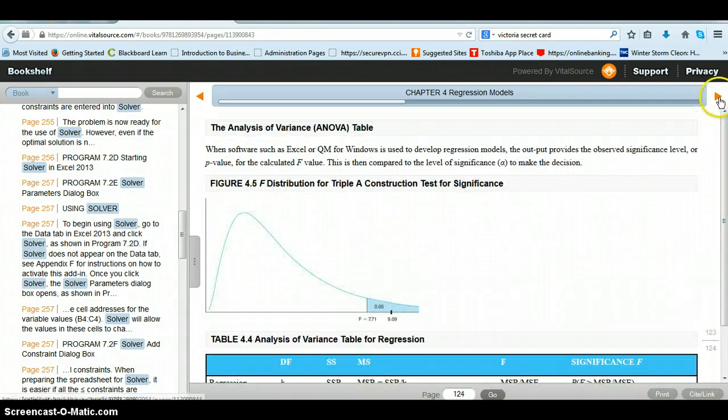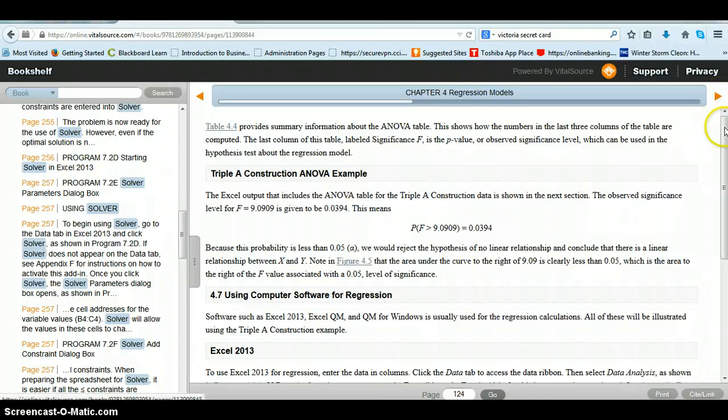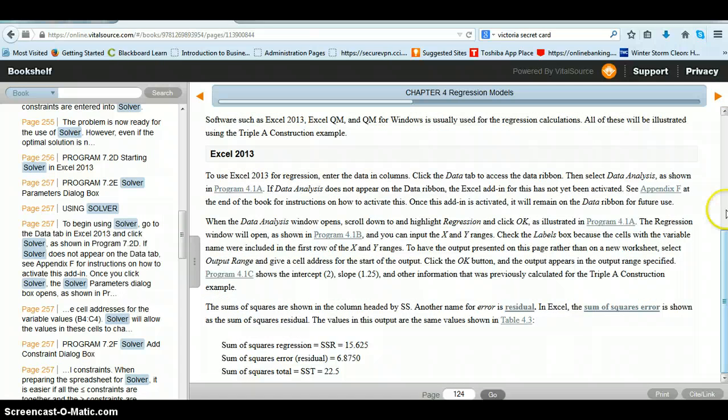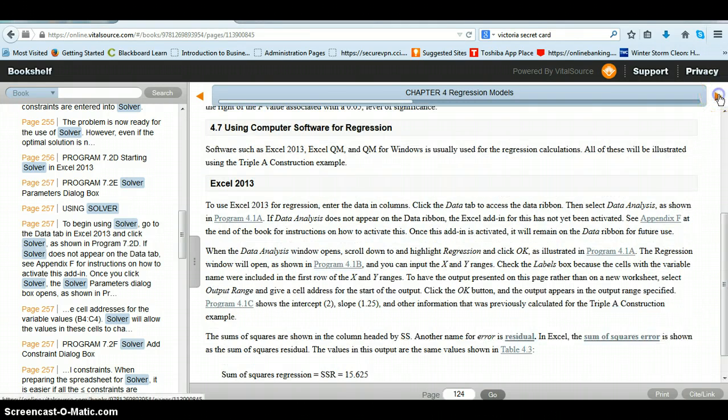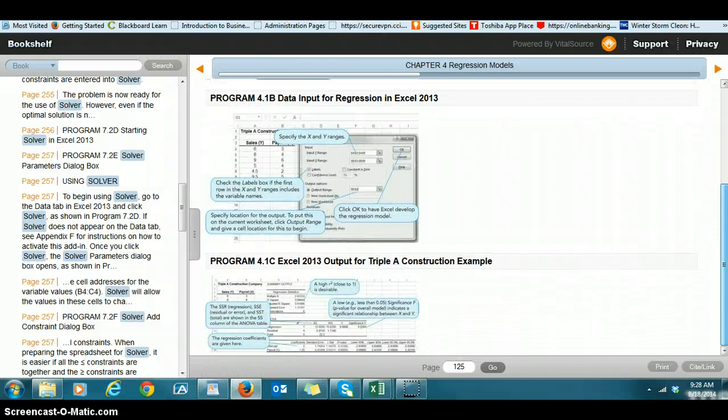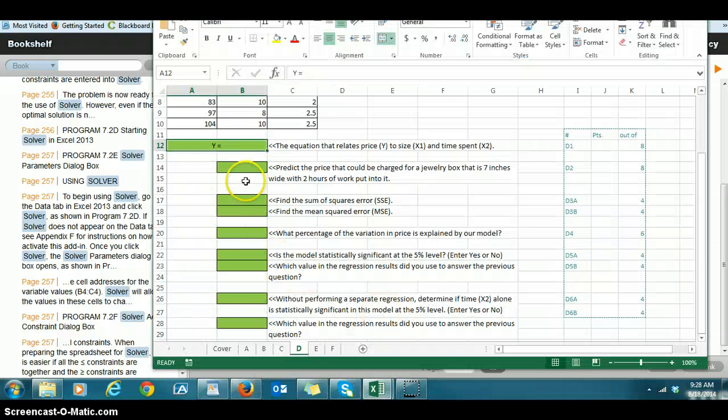This is where we start talking about the regression analysis. And there's the instructions here for how to use regression analysis in Excel, how to read the data that Excel is going to give you so that you can answer all of these problem requirements. The textbook walks you through how to find that information in the regression data. So this is a review again.